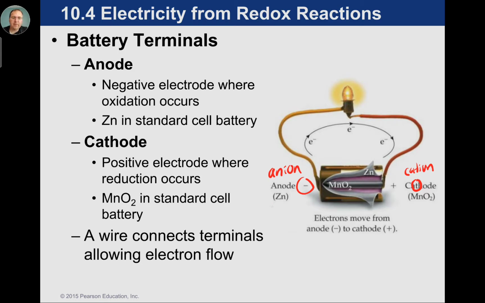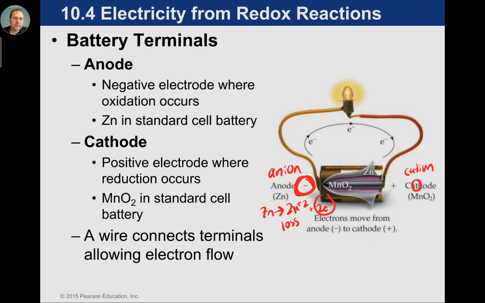So zinc in the battery goes to zinc positive 2, and it produces 2 electrons. If you're losing electrons, you're going to become negative, and that's what we're seeing.